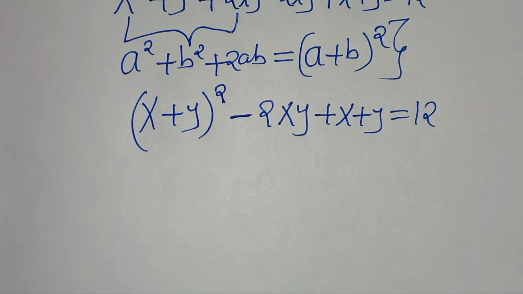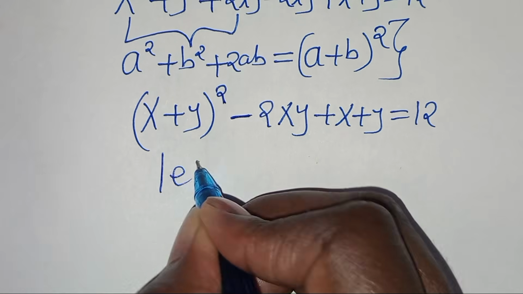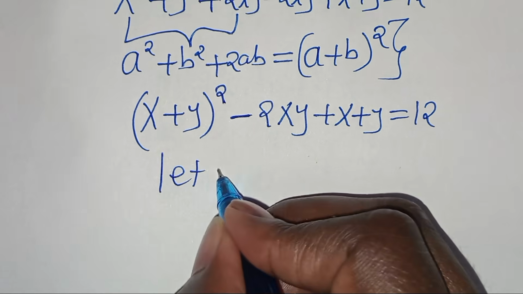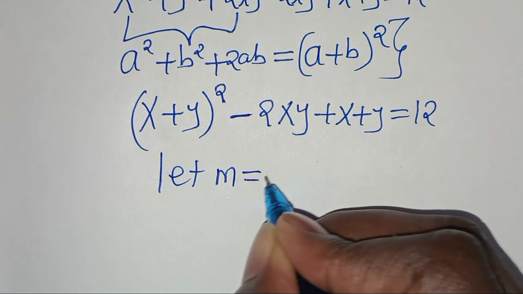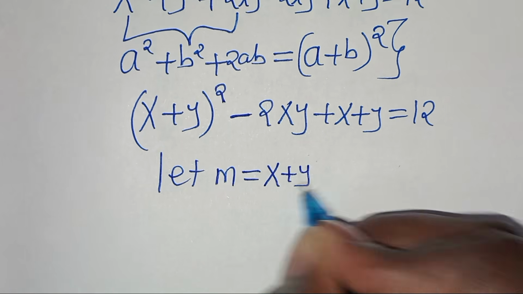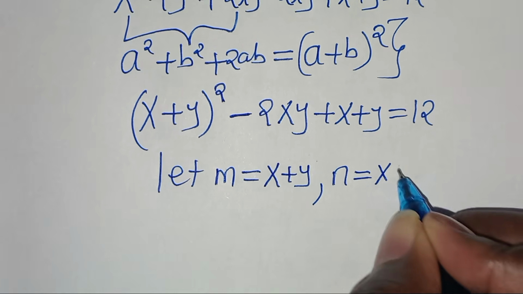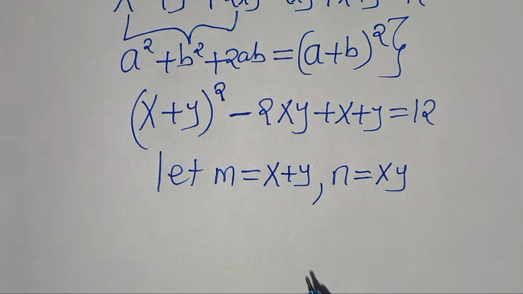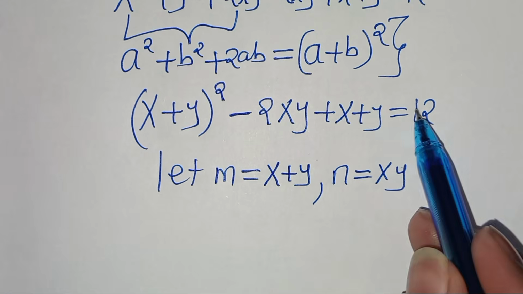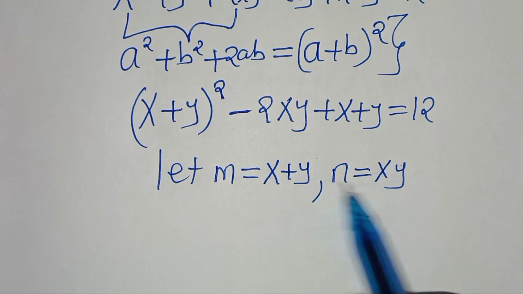The next step is that we can let m be equal to x plus y, and we can let n be equal to xy. Now let's express this equation here in terms of m and n.